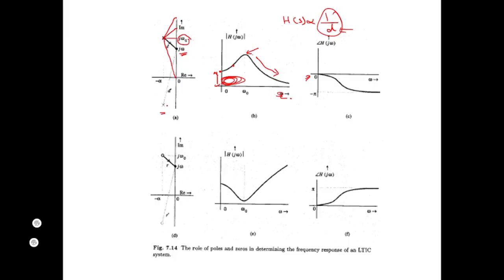Now, what about this conjugate pole? Because it is also present over here. So basically what happens, our H(s) is directly proportional to 1 by d dash. But in most cases, the distance of this pole to the frequency axis is quite high as compared to the distance d.